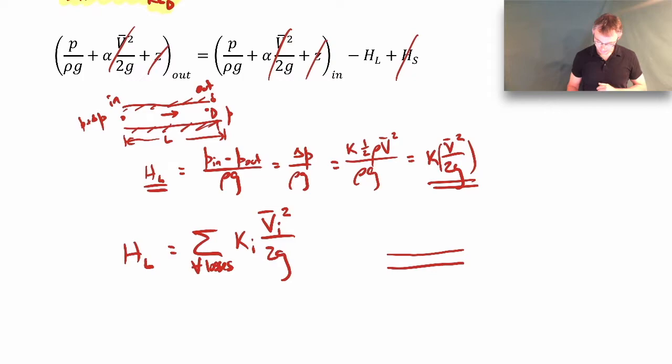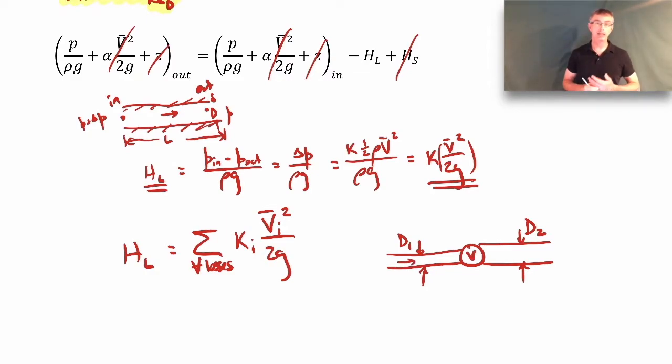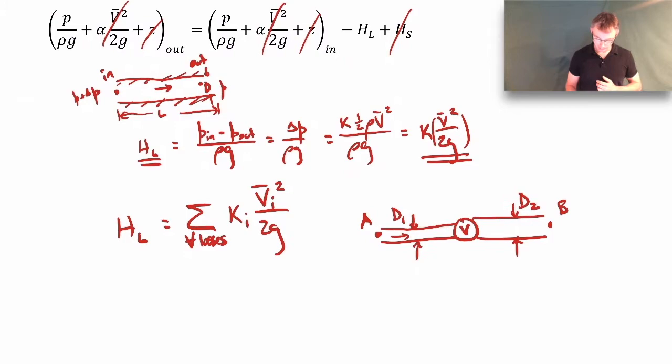Let's say we have a valve, and then there's a bigger diameter pipe. So this is D1, this is D2, and we'll say this is some sort of valve right there, and the flow is going this way. When I calculate the head loss as I go from point A to point B, I'm going to go back to my equation here. The total head loss would be the loss in this pipe.